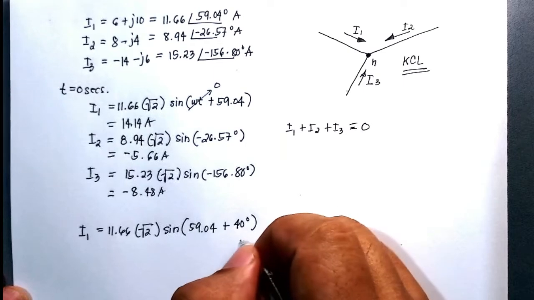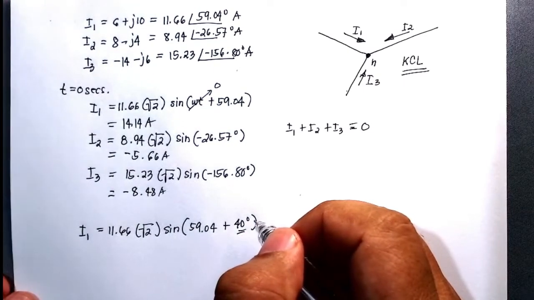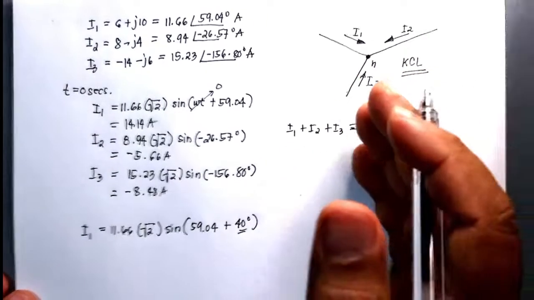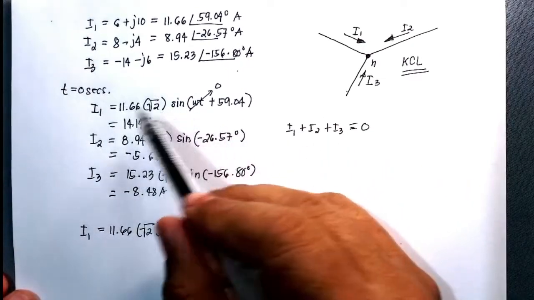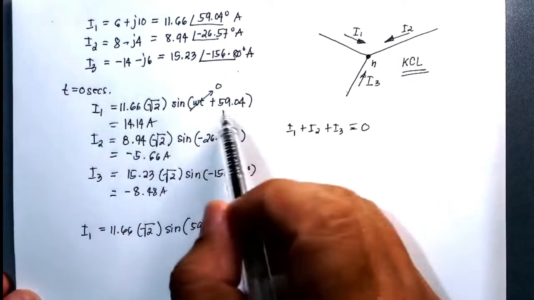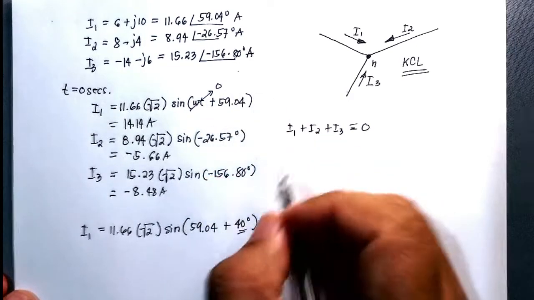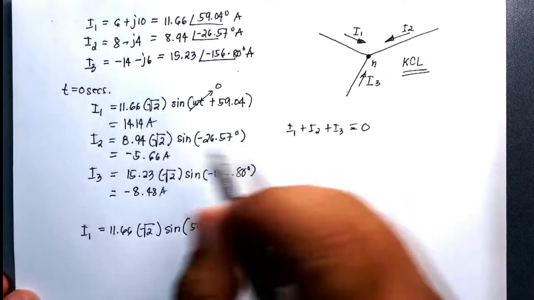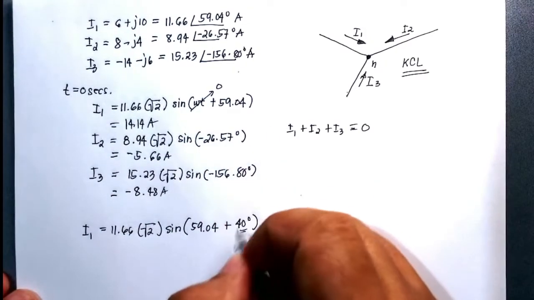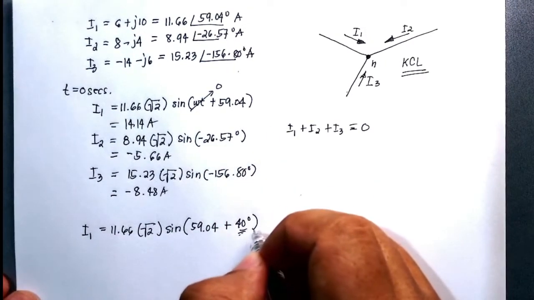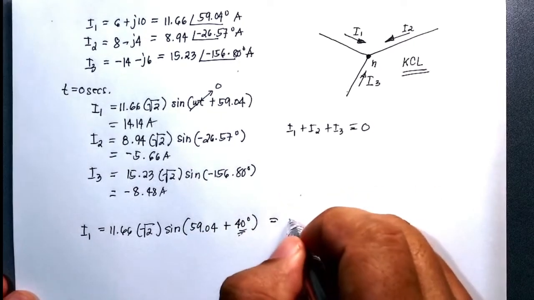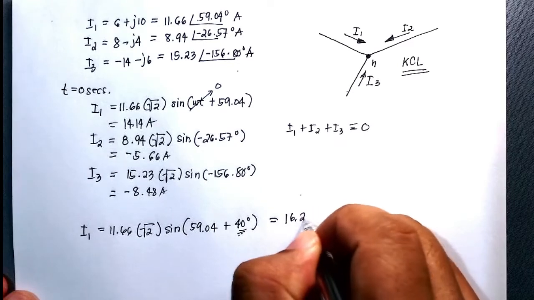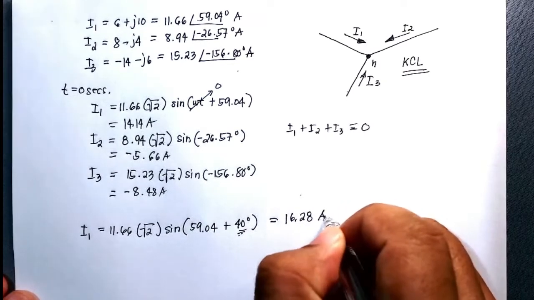This 40 degree can be at a certain number of seconds. At t equal to 0 seconds, this is 0, but at a certain value of time, we can have a 40-degree addition here. If you solve this one, it will give us 16.28 ampere.